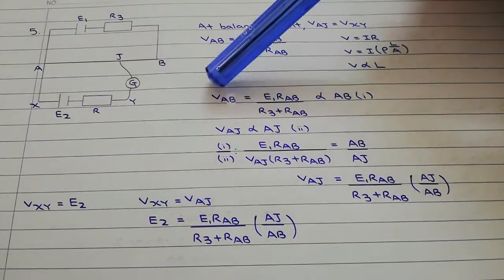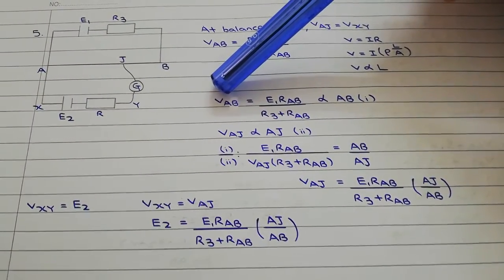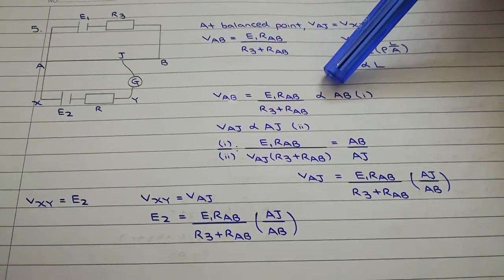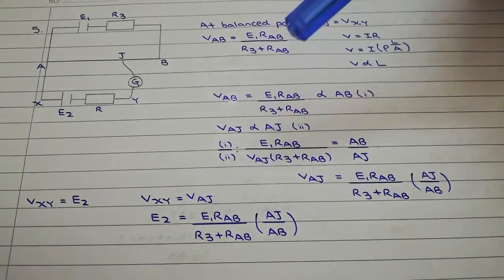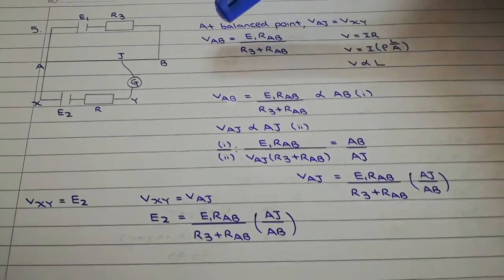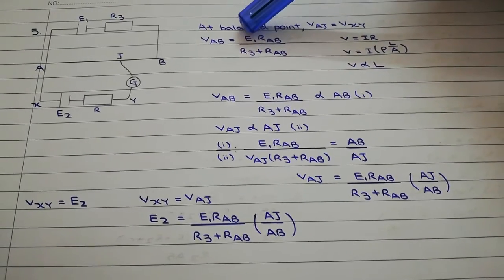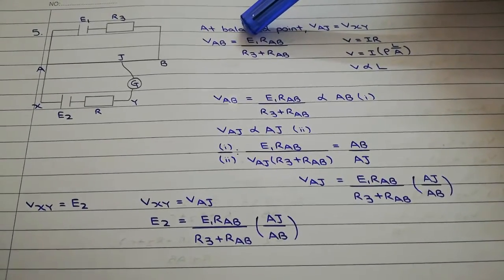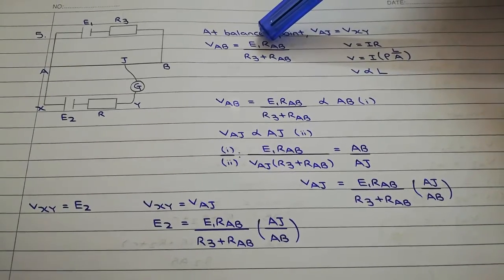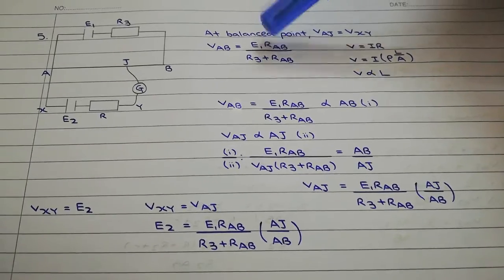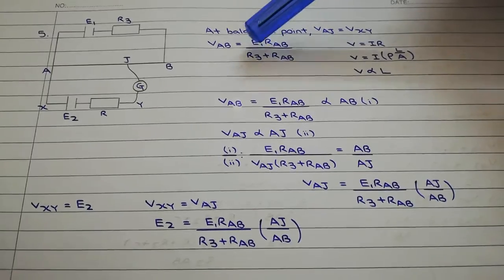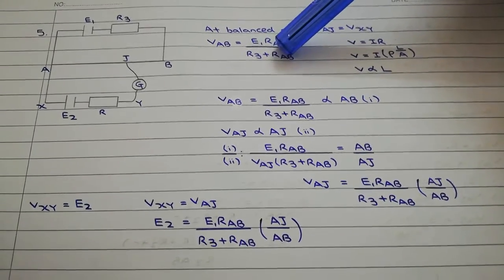Hence, the potential difference between point A and point B is directly proportional to the length of the wire from point A to point B. And we have found out that the potential difference between point A and point B is equal to the EMF of the first battery, E1, times the resistance of the wire from point A to point B, RAB, divided by the total resistance in the circuit, that is R3 plus RAB.